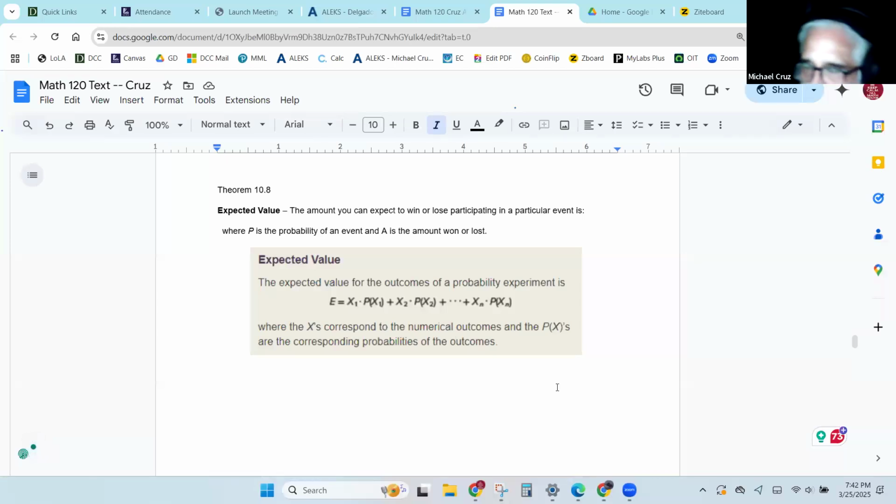So however many situations you have, you're going to just take your outcome, which you get when you win, times that probability, and you do that for all of your possible outcomes, and then you add them up.